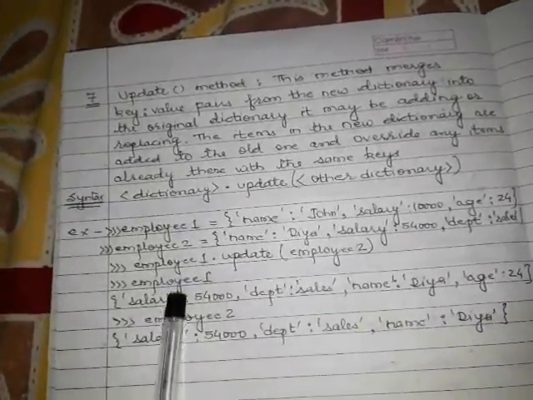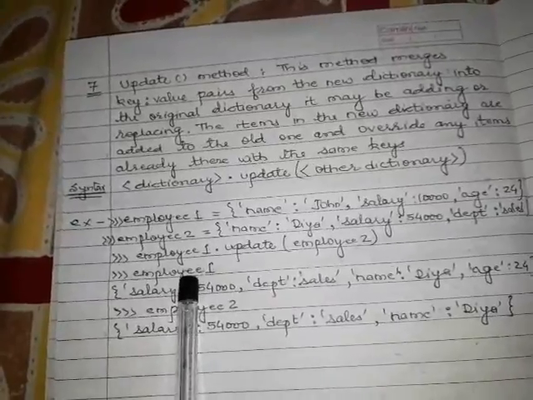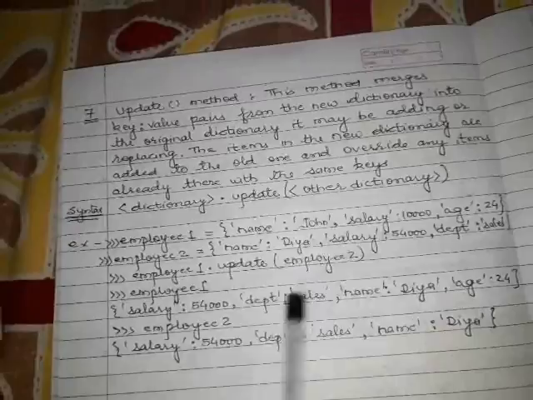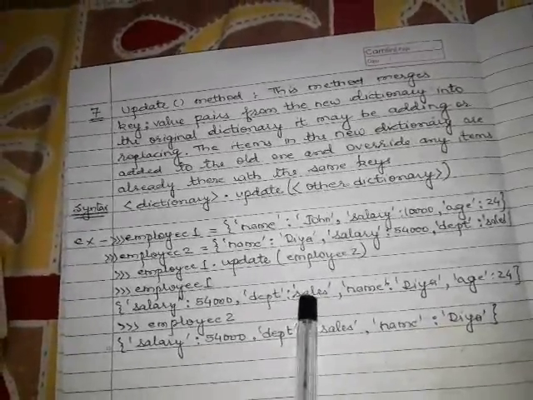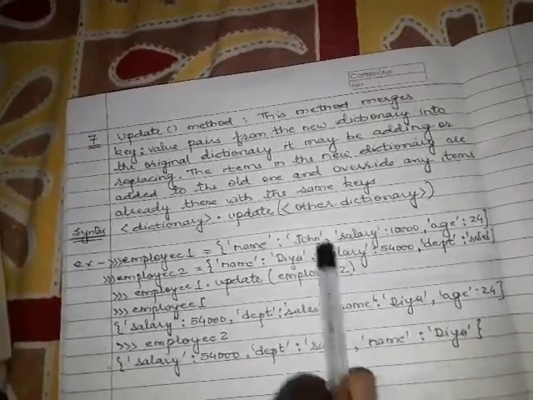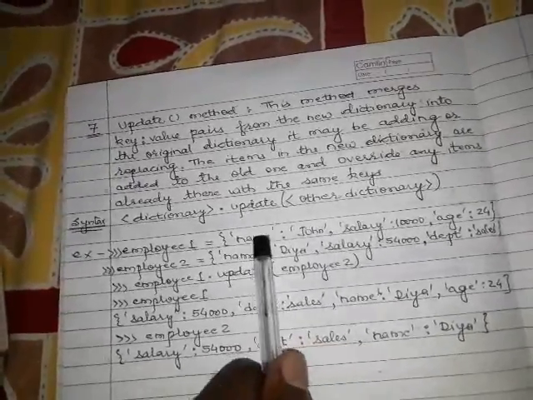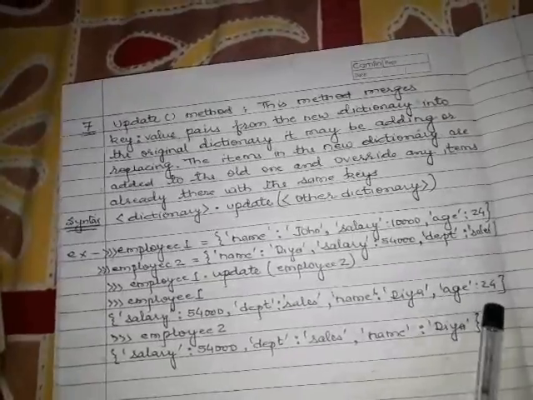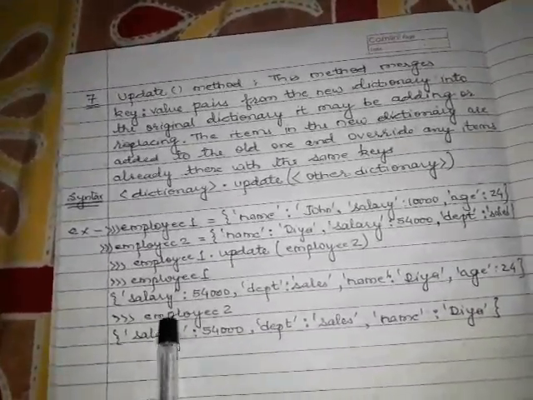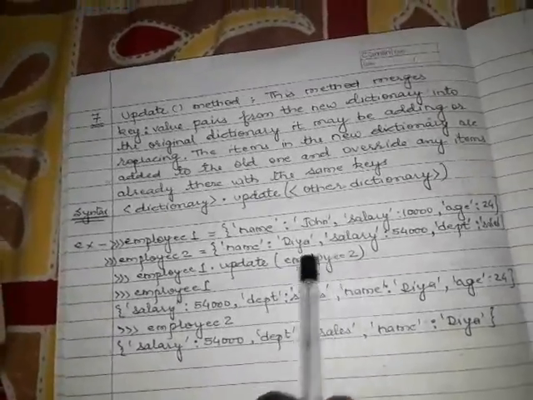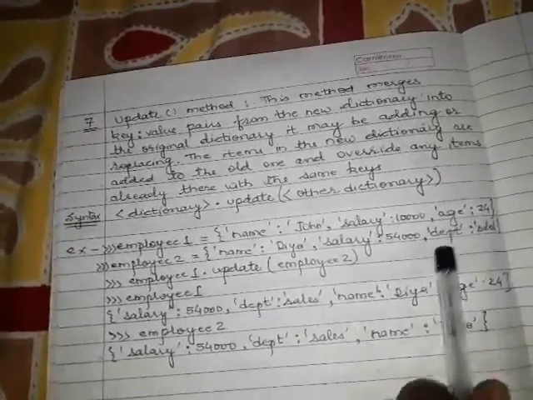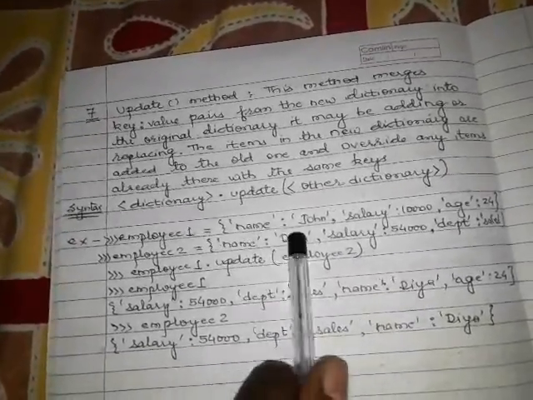So now when you print employee 1 after this statement, salary 54,000 which is replaced, department sales which is added, name Dia which is replaced by employee 2, and age 24 remains the same. When you check employee 2, it will remain unchanged: salary 54,000, department sales, name Dia.